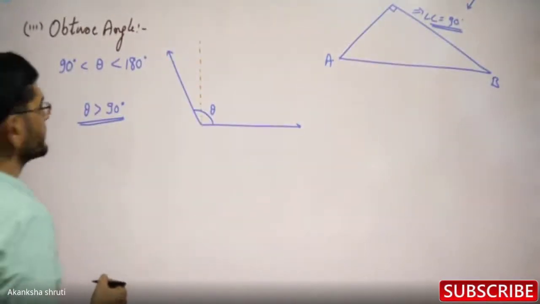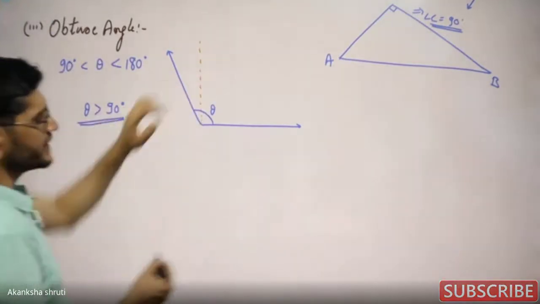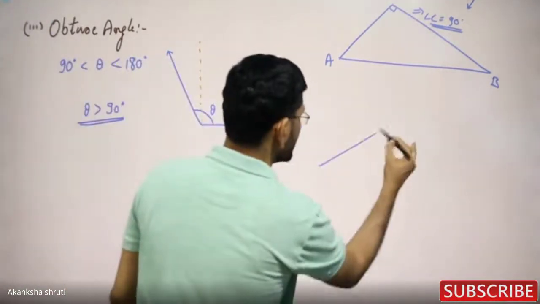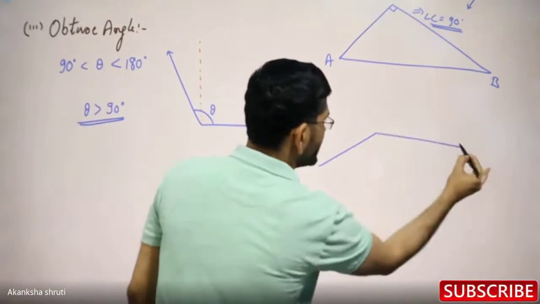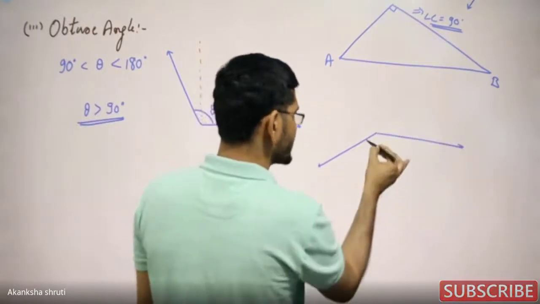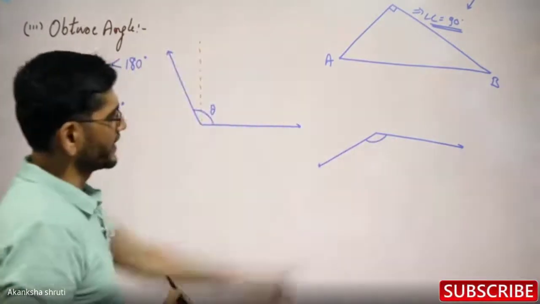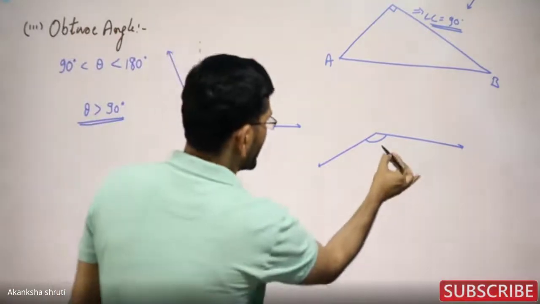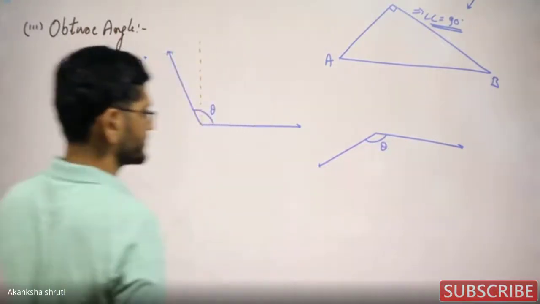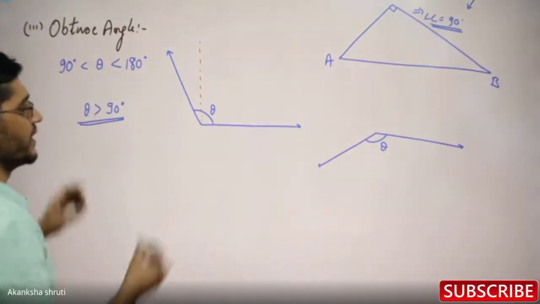Otherwise, one may consider like this. Students, this orientation can be anything, okay? Like it may be possible to draw like this. In this case, we are getting that this angle theta is less than 180 degree, but it is greater than 90 degrees, so it is an obtuse angle.